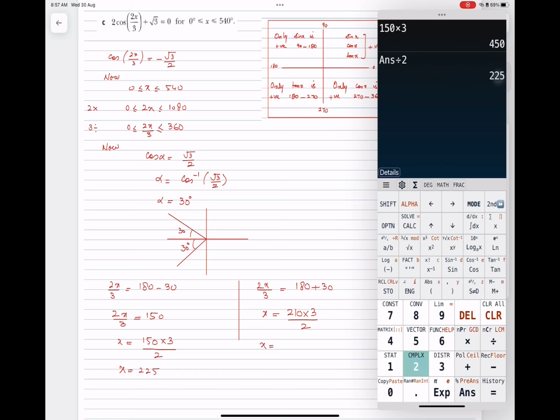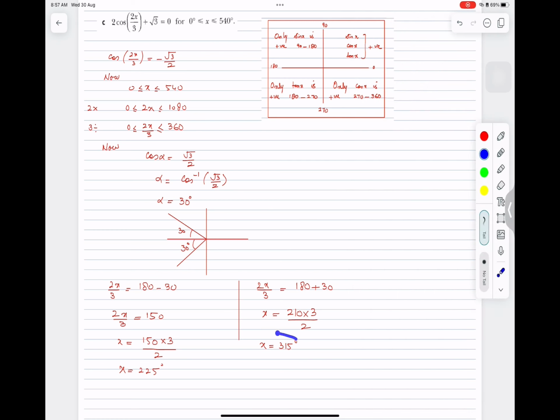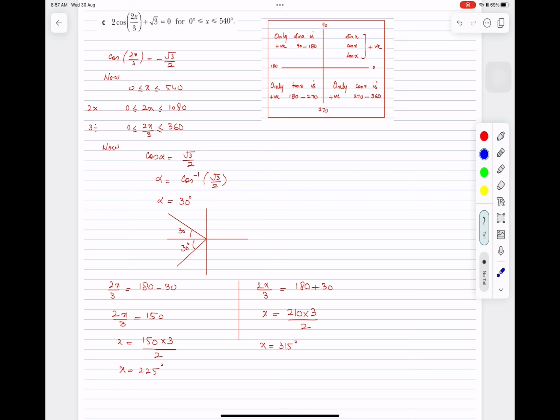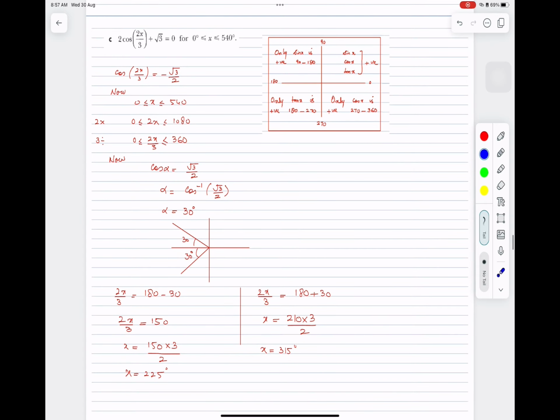Similarly, you will multiply 210 by 3 and then divide by 2, which will give you the second possible answer, 315 degrees. Both of these angles lie in the given range, which was from 0 to 360 degrees. That means both of these are correct. Hope you have understood this. Thank you for watching.